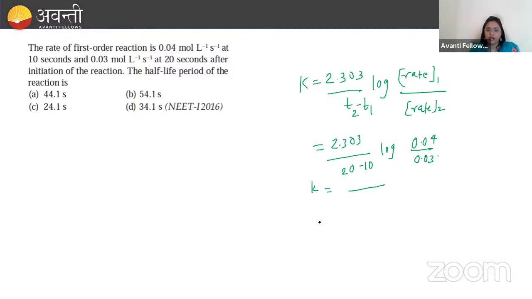Solve this, you will get the value of k. As soon as you will get the value of k, put this value into T half, 0.693 divided by k. Since this reaction is first order reaction, calculate everything, you will get the answer of T half.